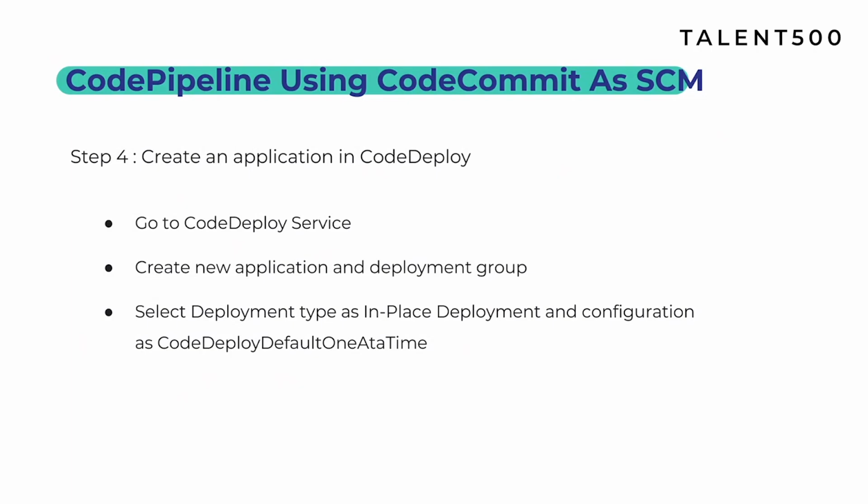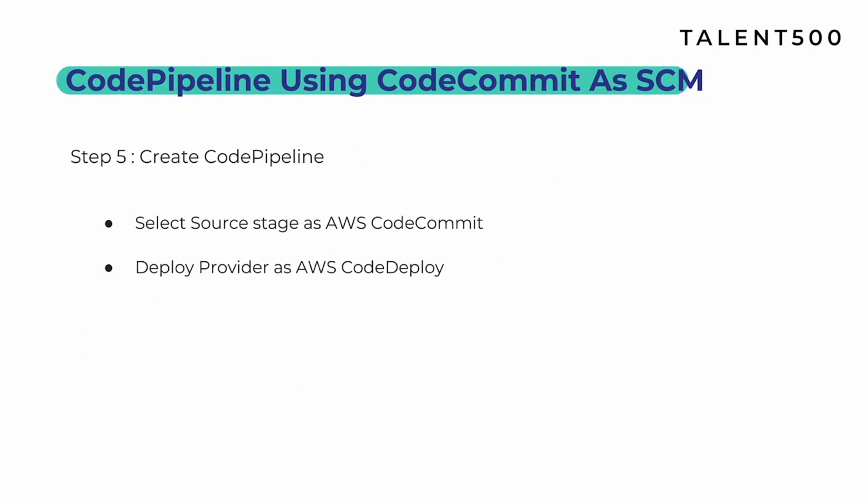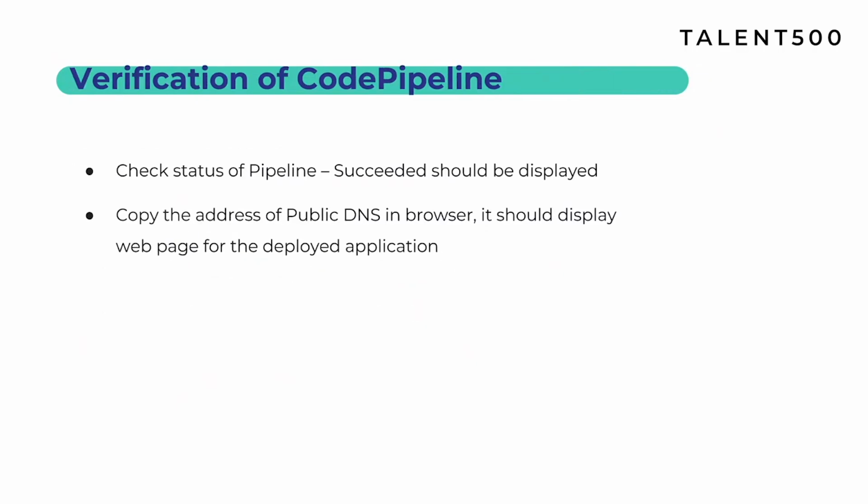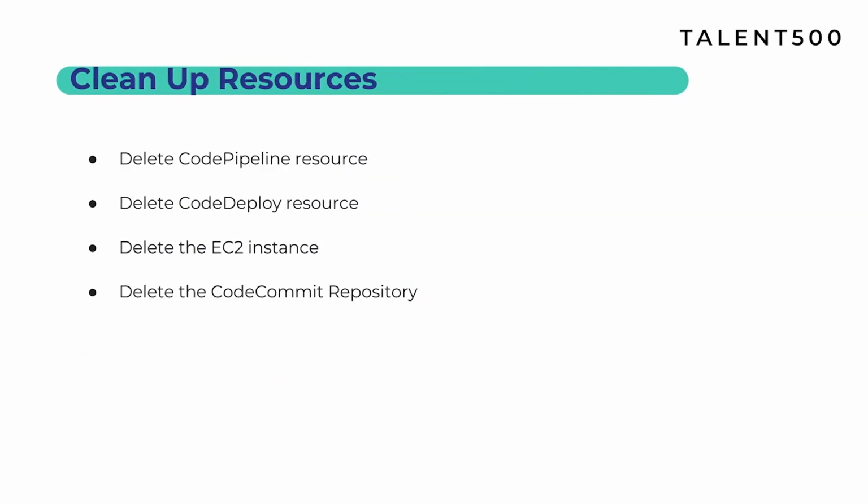Then you created an application and attached a deployment group to it. You created a pipeline, you modified the changes, and you saw that the pipeline was triggered. Finally, you cleaned up resources, meaning the pipeline, CodeDeploy, and the EC2 instance. That I have not deleted, so I'll go ahead and delete it just after this session.